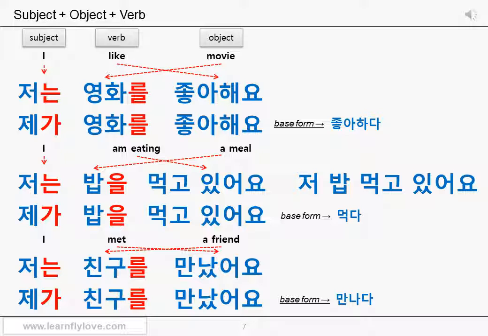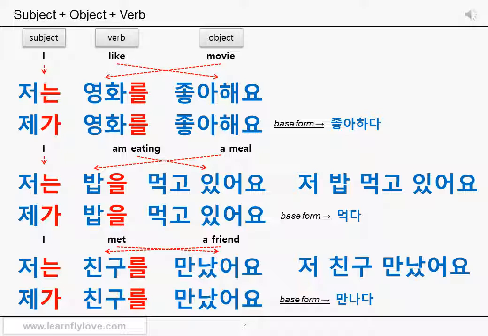And that's not just absolutely unnecessary in this sentence, but also that creates unnecessary confusion because you're delivering unnecessary message that you didn't mean to express. So if it is confusing, and if you don't want to imply anything and don't want to express any nuances that these particles provide, then you don't have to use them. You can get rid of the particle for the subject and the particle for the object. 저 친구 만났어요. And it's a very good simple answer to a question like, what did you do yesterday?